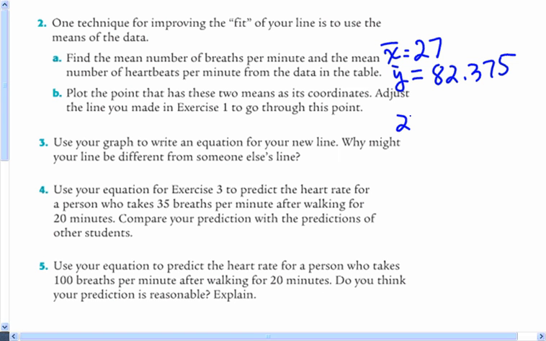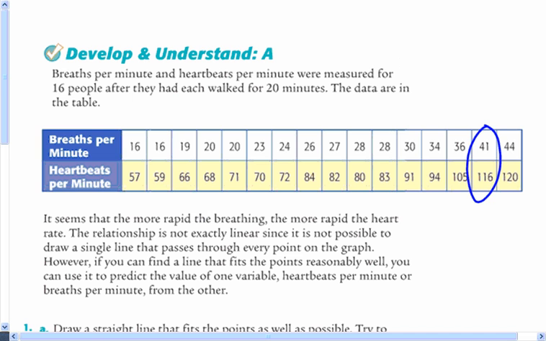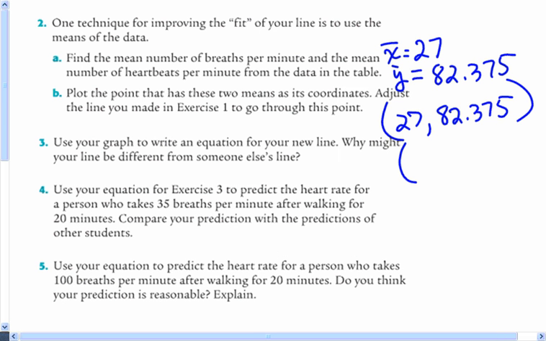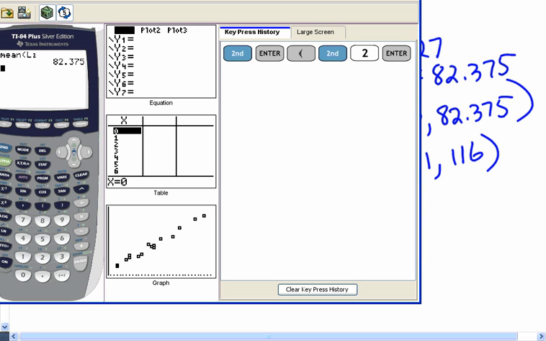All right, so my 2 points now are 27, 82.375, my average, and 41, 116. So I'm going to go ahead and find the slope for that. I'm going to use my calculator here. I'm going to do 116 minus 82.375.